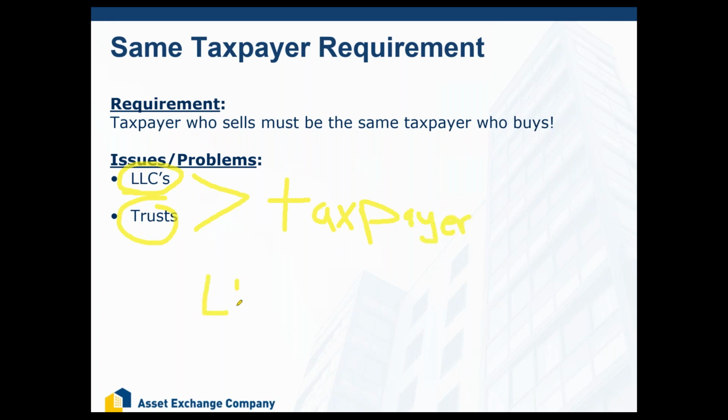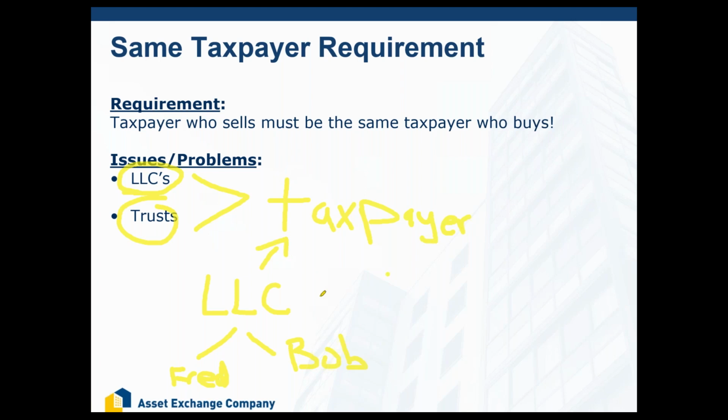A multi-member LLC that has multiple members that are not husband and wife. So you got Bob over here as a member, and then you've got Fred. They're just buddies. Okay? They like to buy property, though, together because they're good friends and business partners. So Bob and Fred, they formed an LLC. It is a multi-member LLC, so it is its own taxpayer.